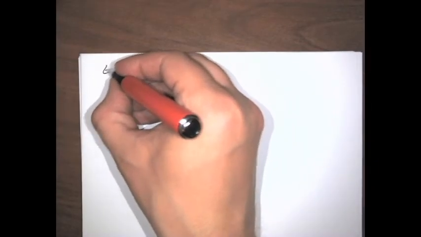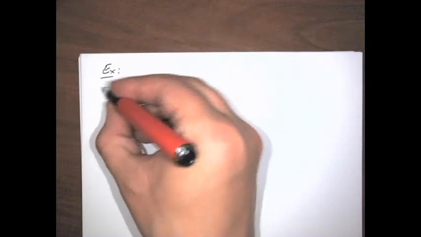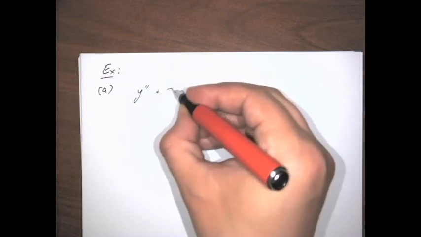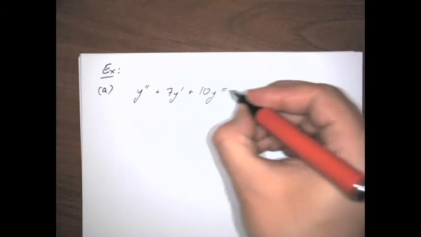Now let's actually try some examples of each of these cases. So examples of these would be something like this. Let's say I had y double prime plus 7y prime plus 10y equals 0.